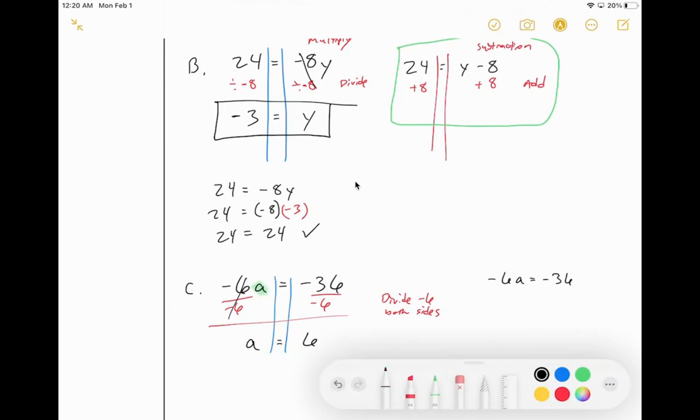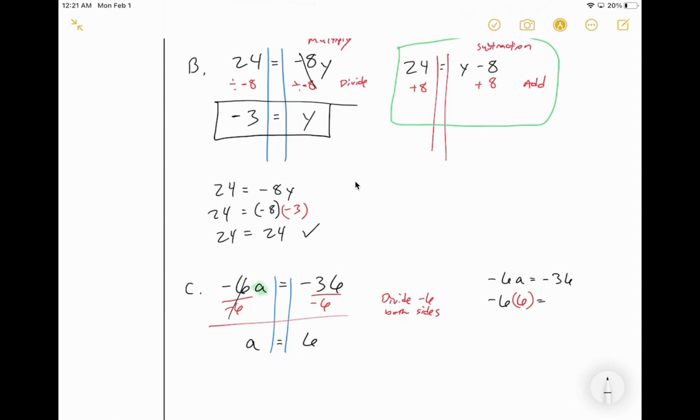I'm going to plug in, instead of a, what I think our answer is, which is 6. Let's see if that works out. Negative 6 times 6 is in fact negative 36. And so there you go. There you have your check answer. And that's what we're trying to do there.